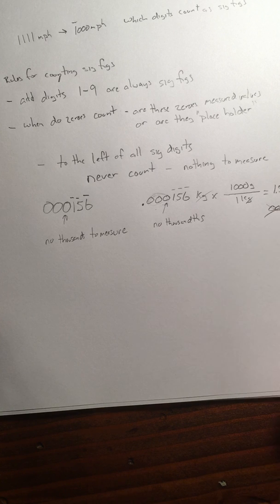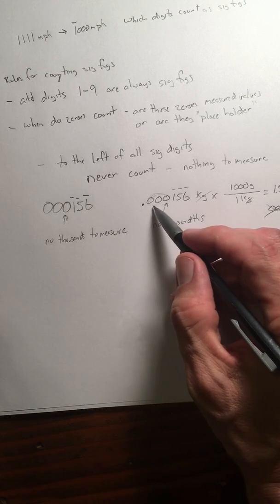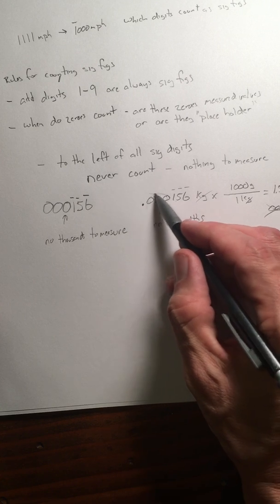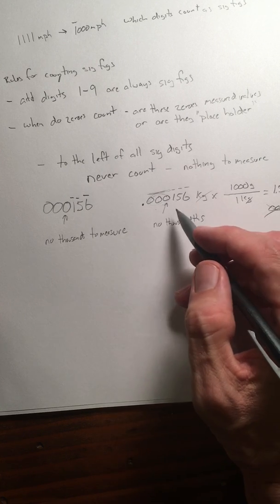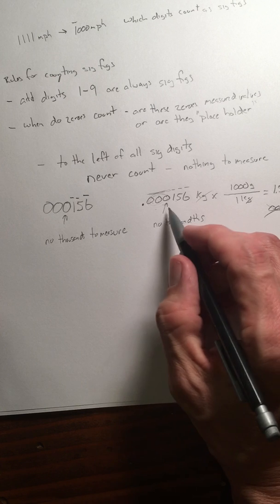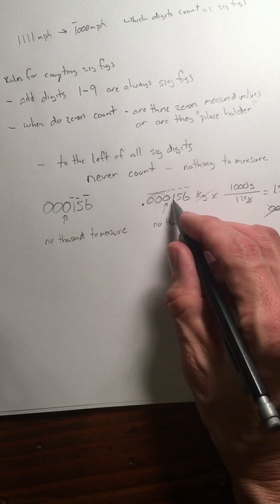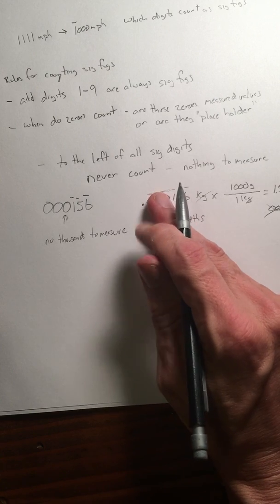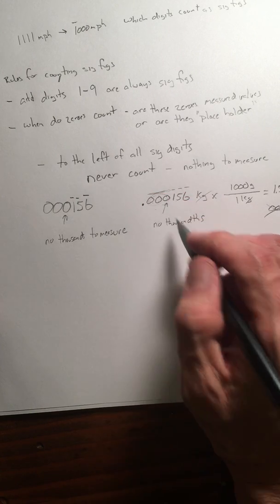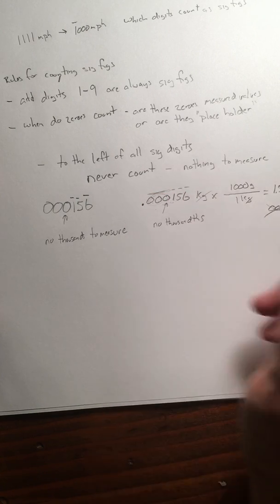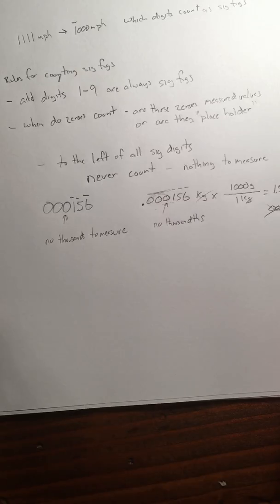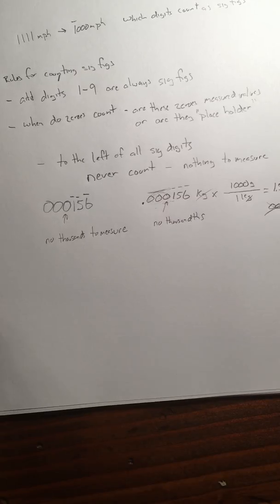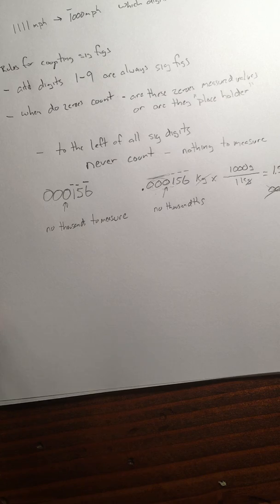Of course not. These zeros aren't necessary. What are they doing? They're what we call placeholders. The reason you need these zeros here isn't because they measure anything. It's because without them, you don't know that this is the 10,000ths place. If you get rid of those zeros, this looks like the 10ths place. So they're placeholders. They tell you what place that one is in. And so those zeros to the left of all digits never count.